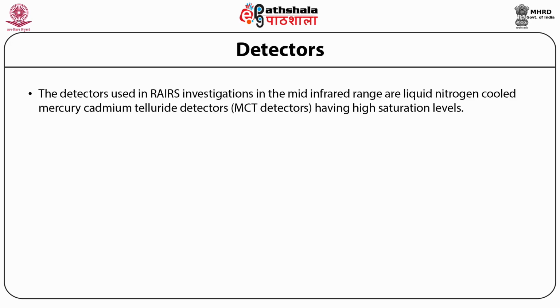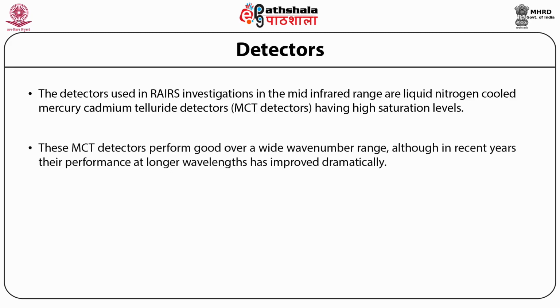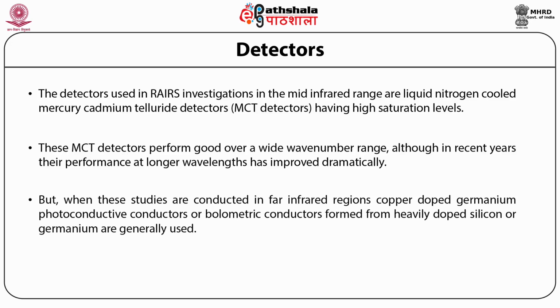These MCT detectors perform well over a wide wave number range, although in recent years their performance at longer wavelengths has also improved dramatically. But when these studies are conducted in far infrared regions, copper-doped germanium photoconductive detectors or bolometric detectors formed from heavily doped silicon or germanium are also used in general.